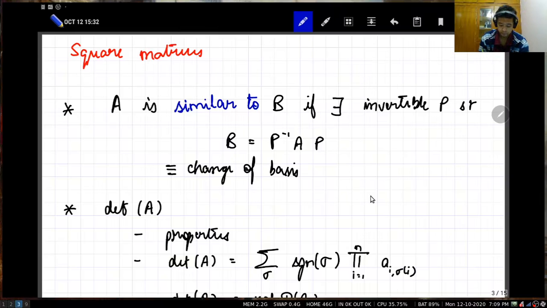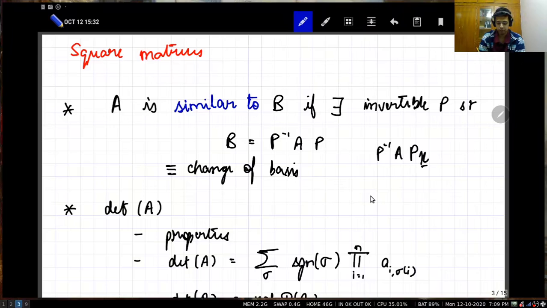Px is a new vector which is representing X in terms of the new basis, and this is transformed by A, and then again we bring it back to the original basis by multiplying with P inverse.